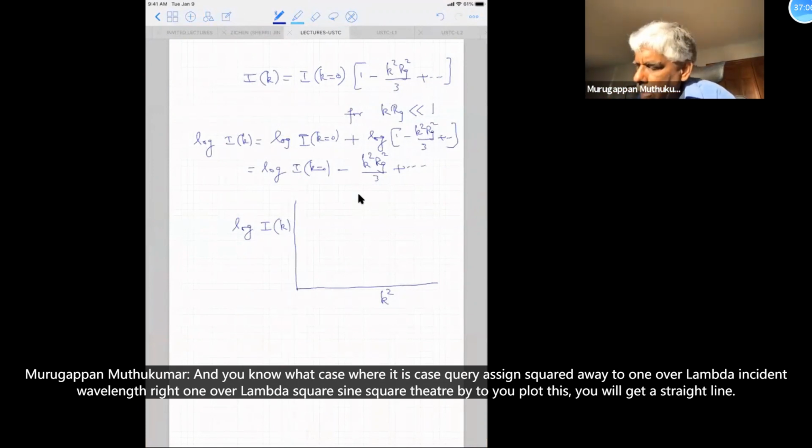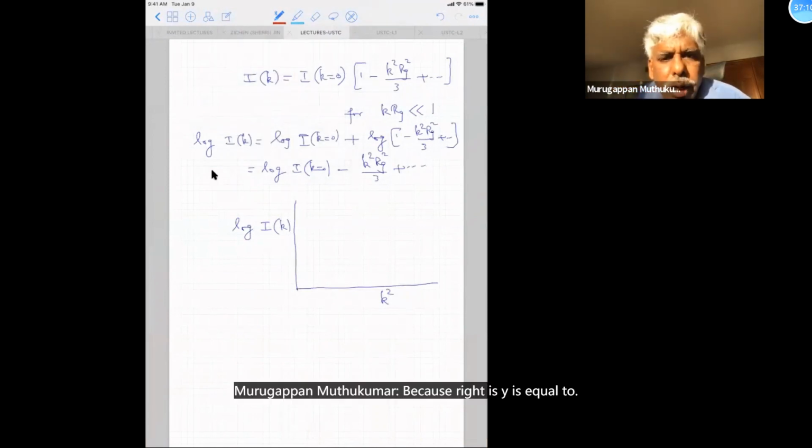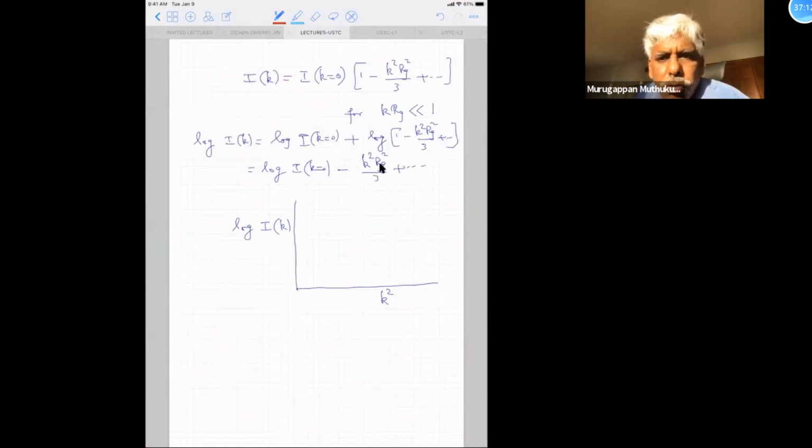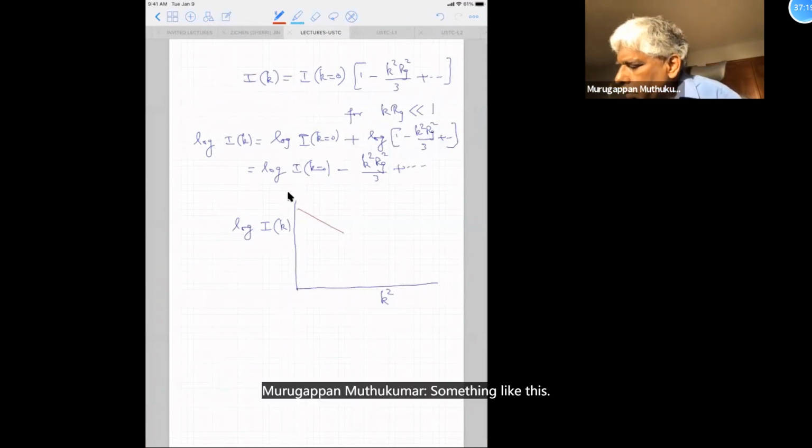If you plot this, you will get a straight line, because y is equal to slope times x, where x is K squared, plus some constant. So you'll have something like this.